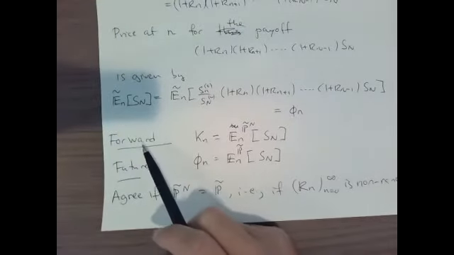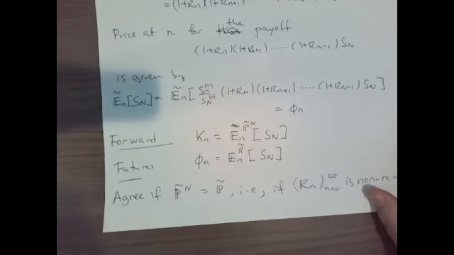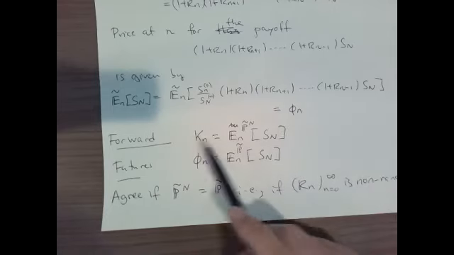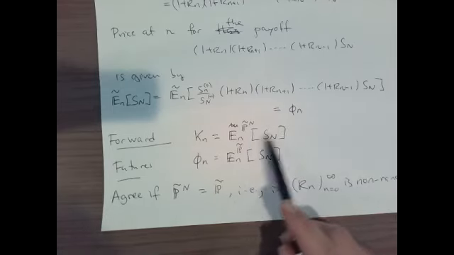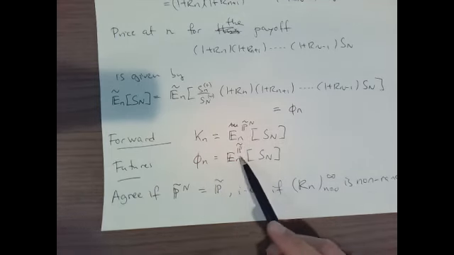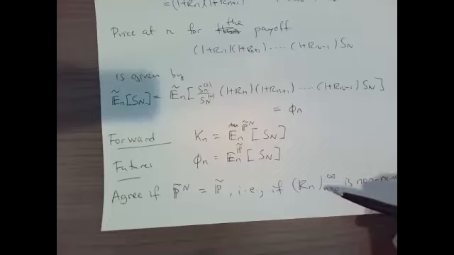So we have a futures price and a forward price process. They're given by these two formulas. For the forward, you compute conditional expectations under the forward measures. For the futures, you compute conditional expectations under the risk neutral measure.